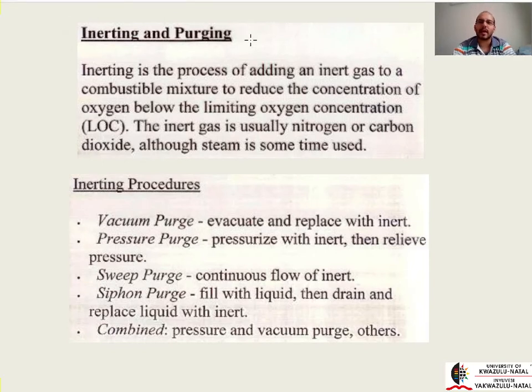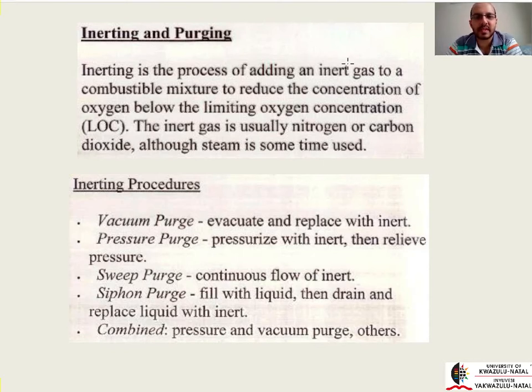Okay, so let's say if you have a fuel storage tank and that storage tank has a pressure rating, it can operate under pressure. So the space that's above the liquid, okay, so let's say if it's a liquid fuel and it's filled up in the storage tank, that air space above the fuel, instead of just having oxygen or normal atmospheric air containing oxygen, we can actually inert that air.